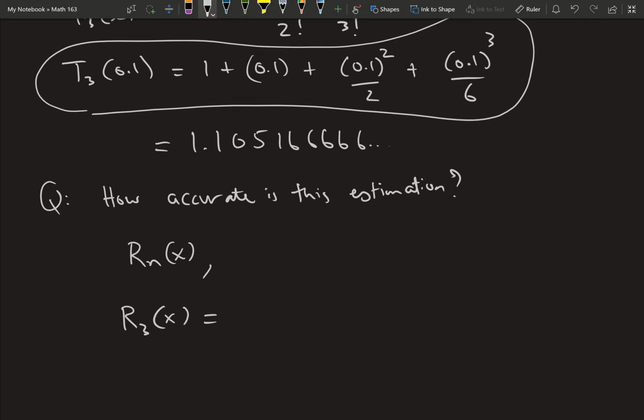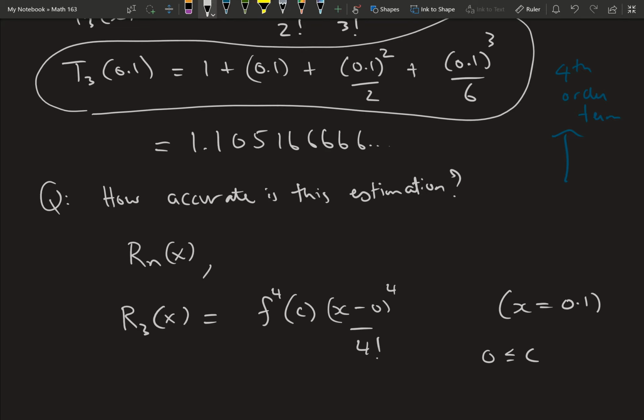The remainder is the fourth derivative of f at some value c times x minus 0 to the fourth over 4 factorial, where the x that we plugged in is 0.1, and c is somewhere between 0, the center value a, and x, which is 0.1.